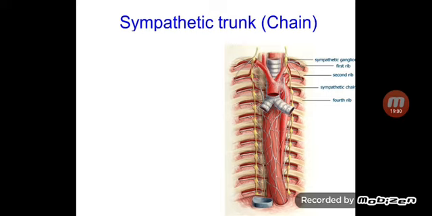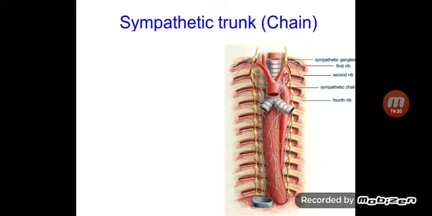The first ganglion of the sympathetic trunk in the thoracic region is fused with the inferior cervical ganglion, to form the stellate ganglion.